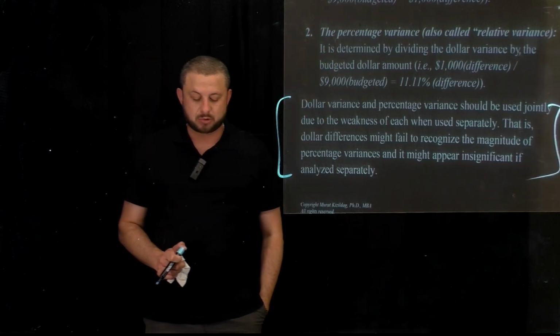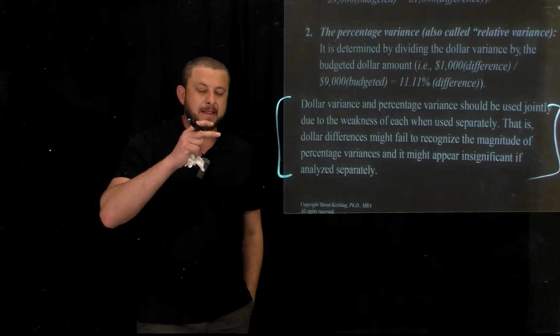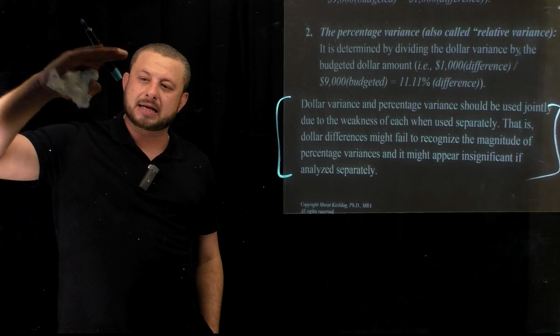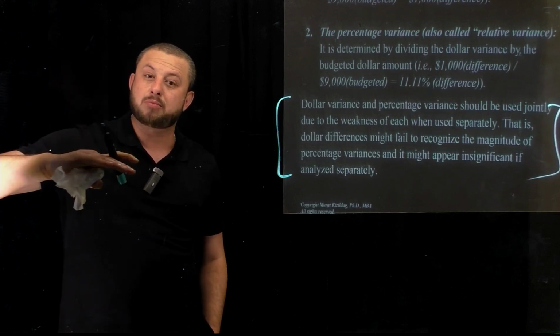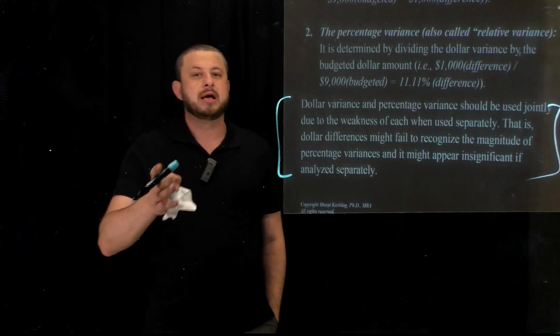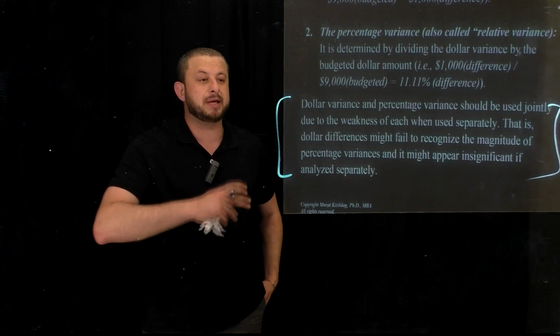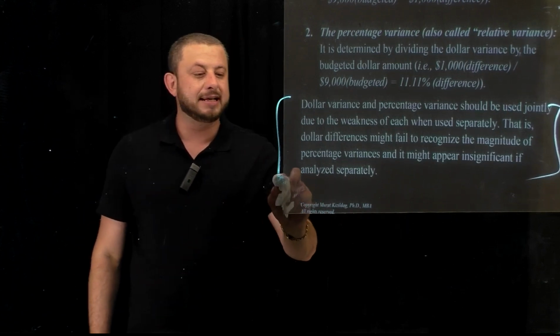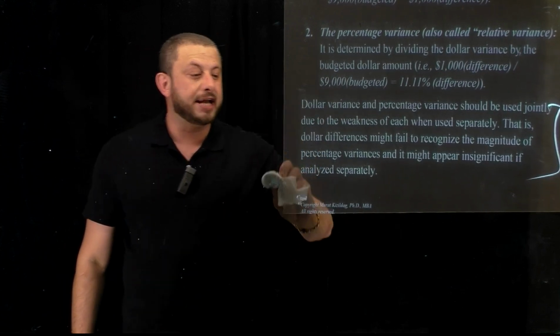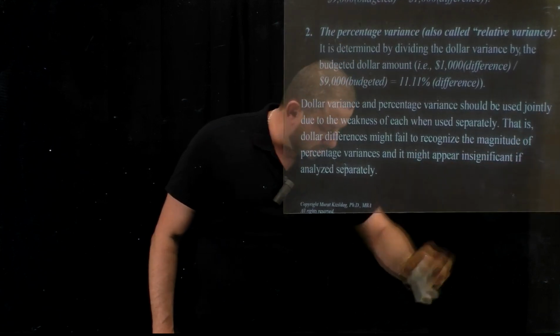Because it will make much more sense. Remember the advertising expense that we did in the trend analysis. Sometimes dollar variance might not tell you much, but the percentage difference might tell you a lot. Therefore, dollar difference and percentage difference should be analyzed jointly in the budgeting process, to come up with the budgets, and to assess the operational performance, guys.